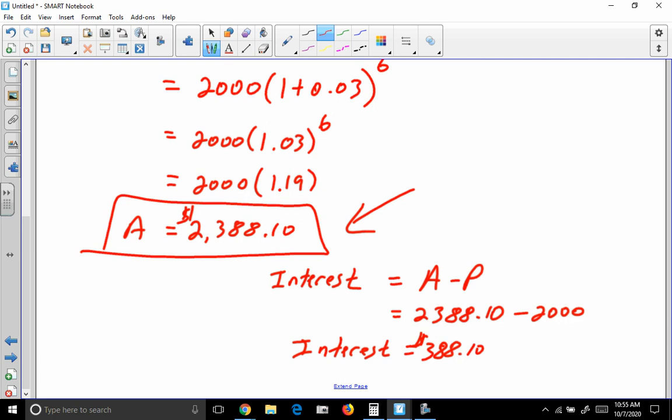If you were the one borrowing the money, that's how much interest you would have to pay for borrowing the $2,000. But if you're the investor, then you've made $388.10 for investing your $2,000.